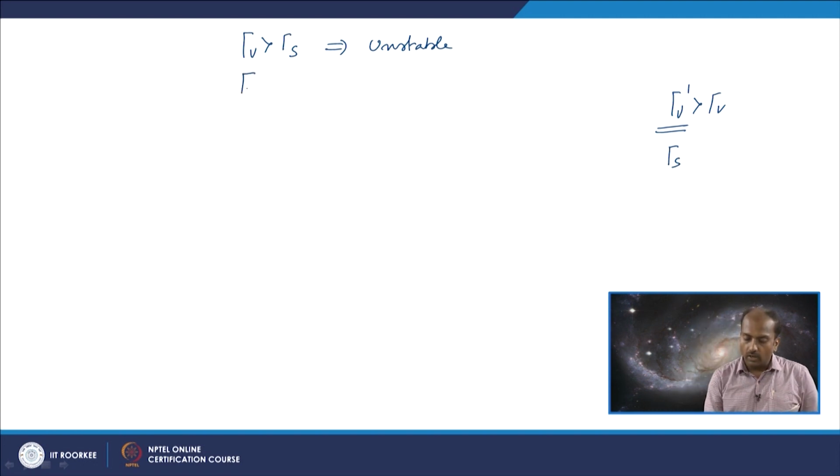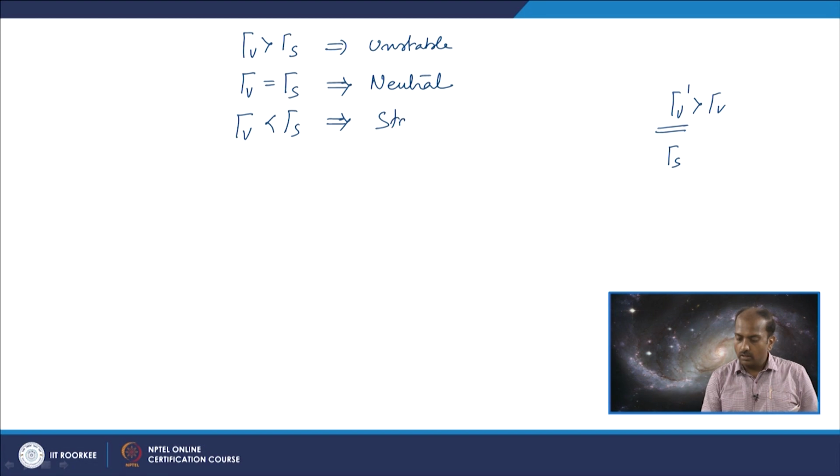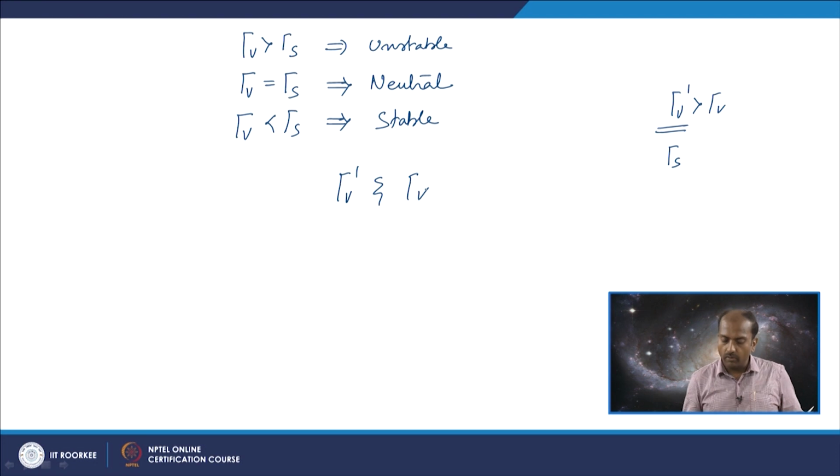Gamma V equals gamma s is neutral, and gamma V less than gamma s is stable.